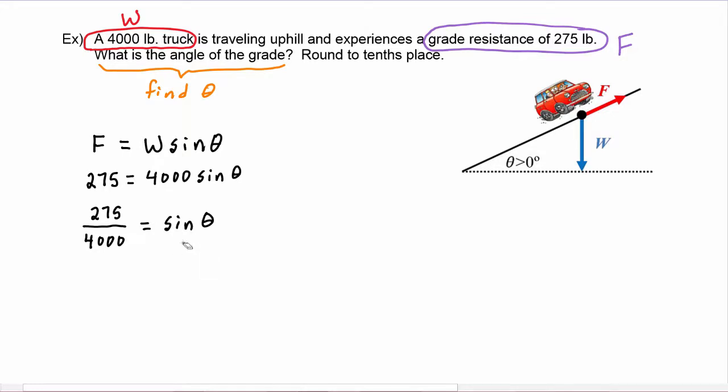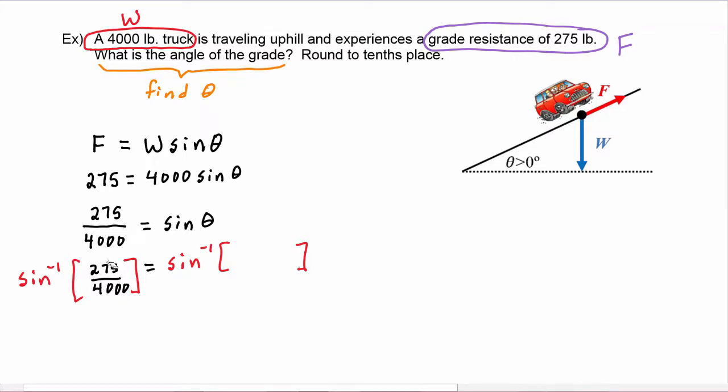We know to undo the sine function, we're going to have to take the sine inverse of both sides. So the left-hand side becomes the sine inverse of 275 over 4,000.